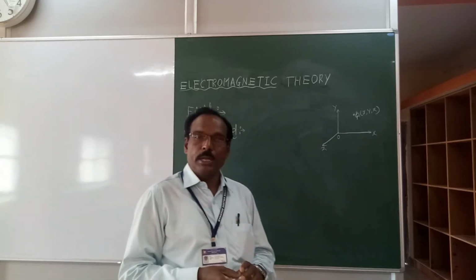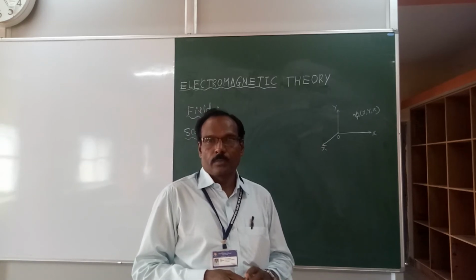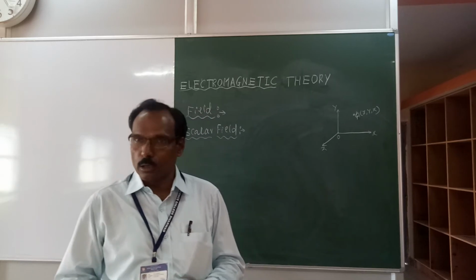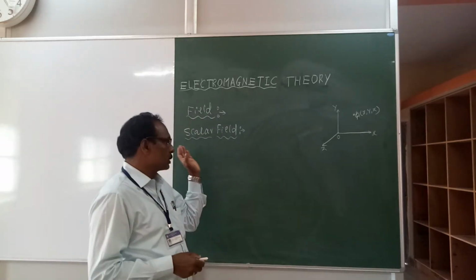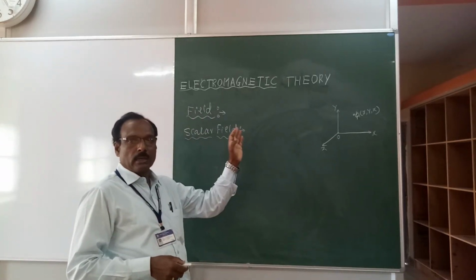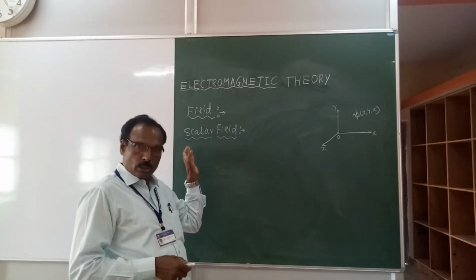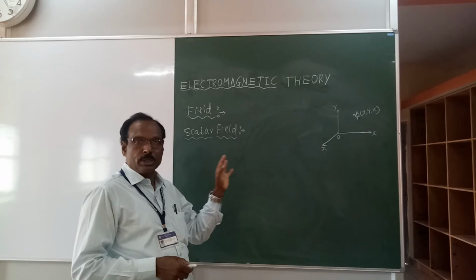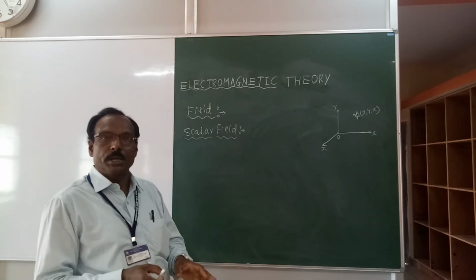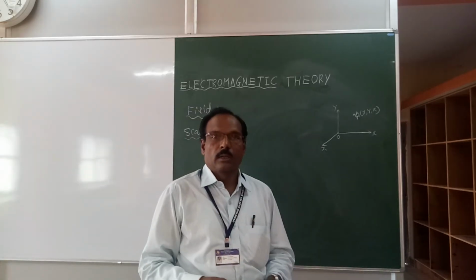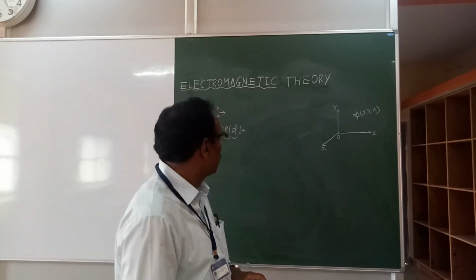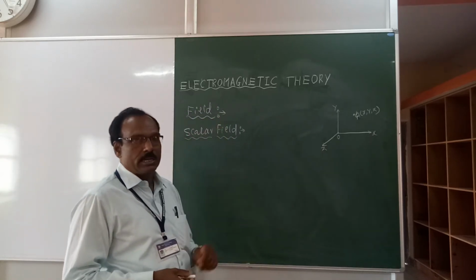Variation of temperature from point to point along a metal rod, which is maintained such that at one end it's hot and the other end is cold, so the temperature varies. Distribution of temperature along a metal rod is an example of a scalar field.